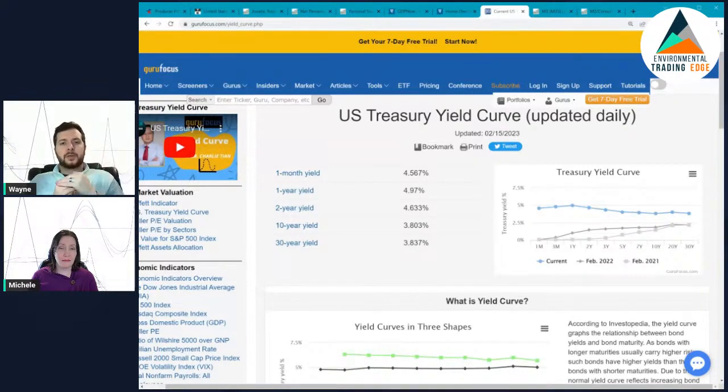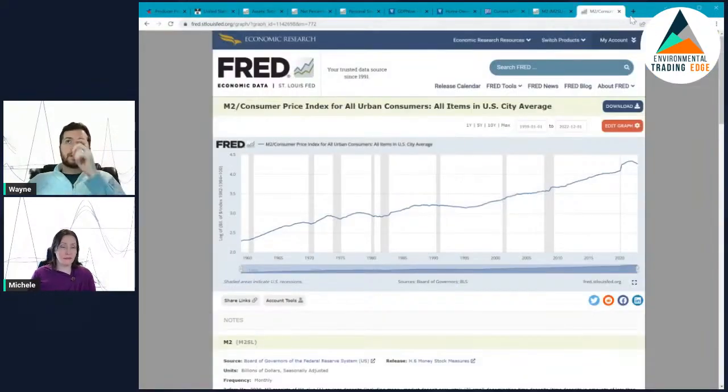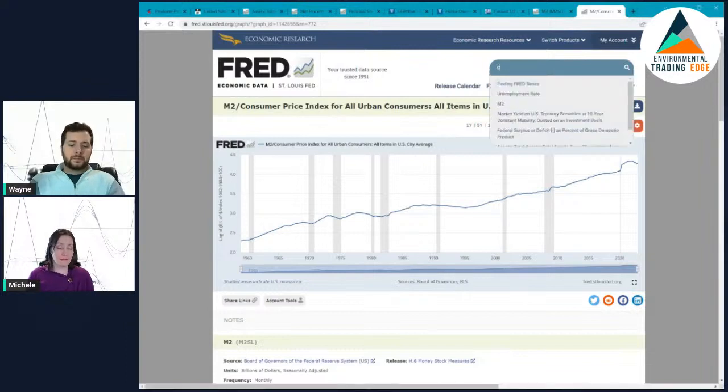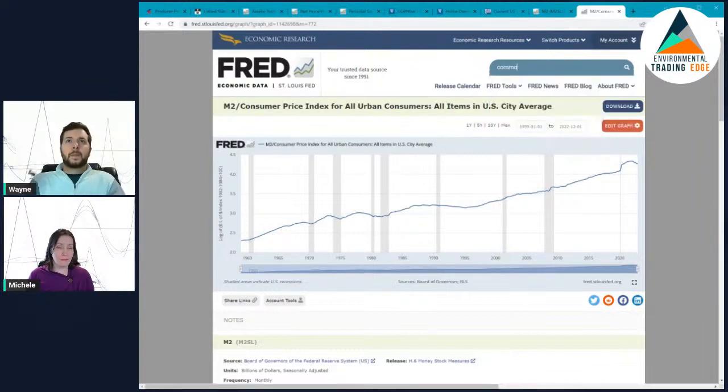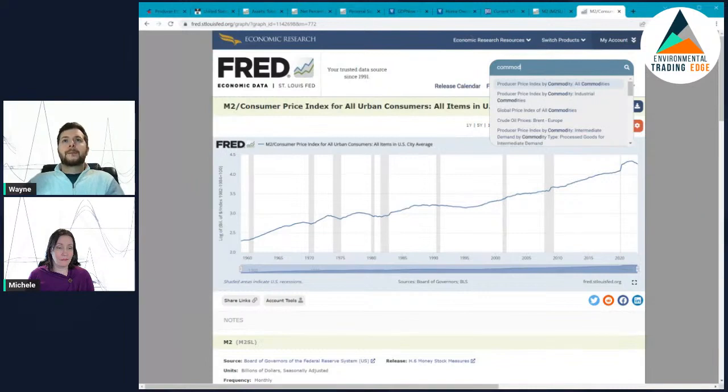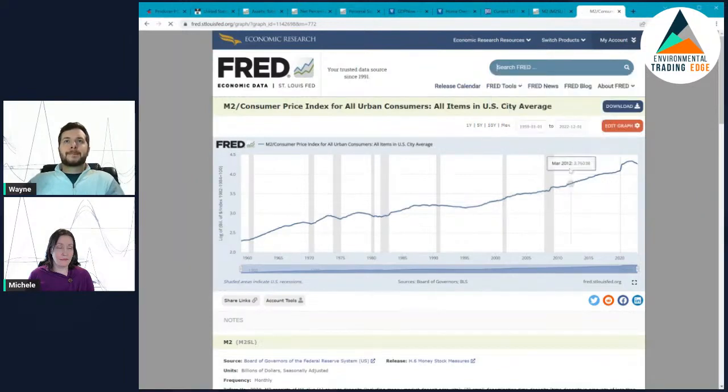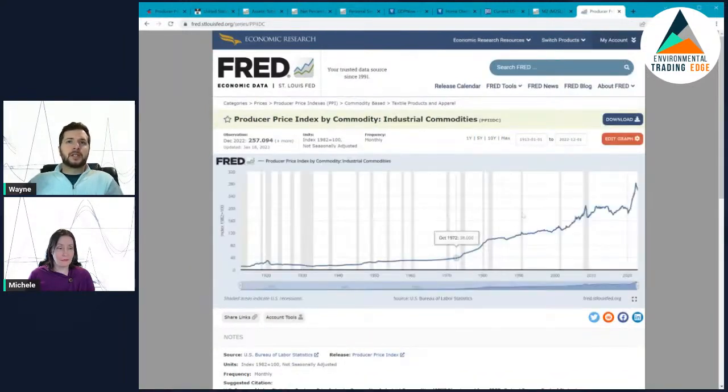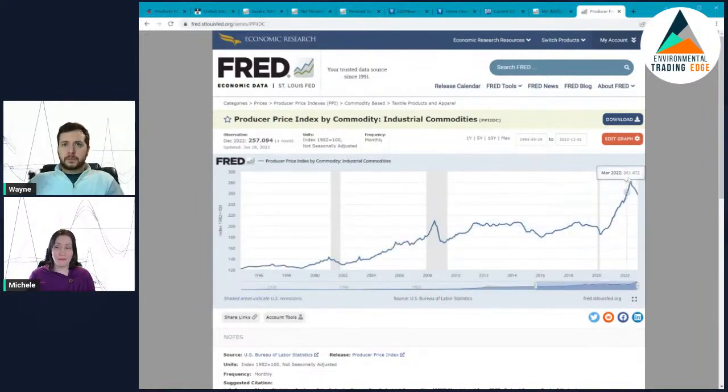And once we go from the consumer side of things and the demand destruction, that's normally also when commodities start to dive. So we can pull up a commodities index, like the producer price commodity index. Yeah, here we go. You can see that commodities start to really dive down during that stage, right?